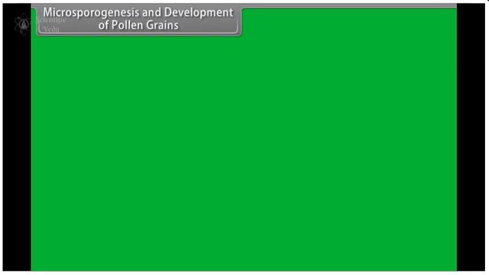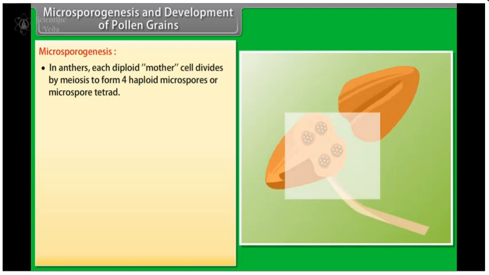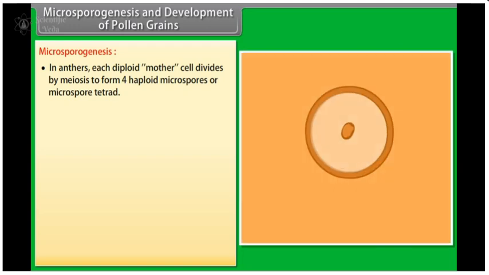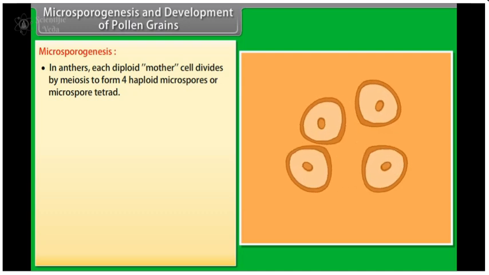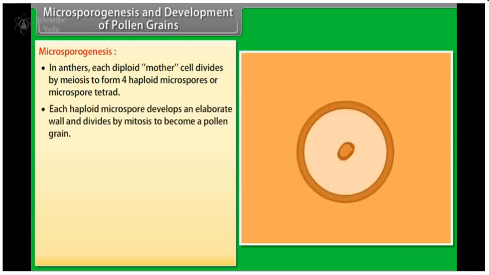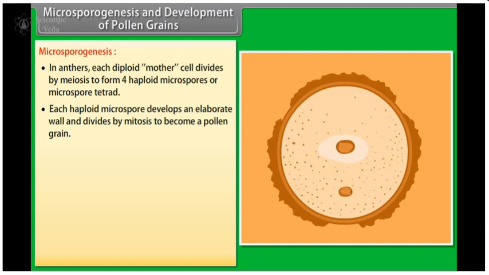Microsporogenesis and development of pollen grains. In anthers, each diploid mother cell divides by meiosis to form four haploid microspores, or microspore tetrad. Each haploid microspore develops an elaborate wall and divides by mitosis to become a pollen grain.